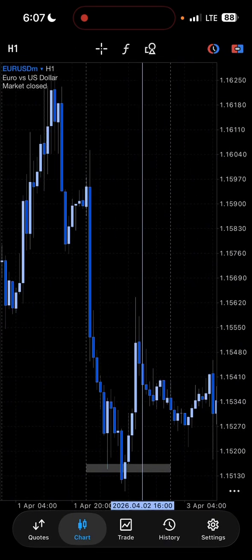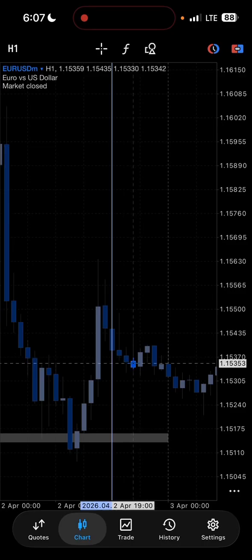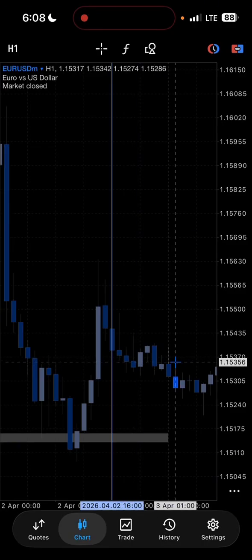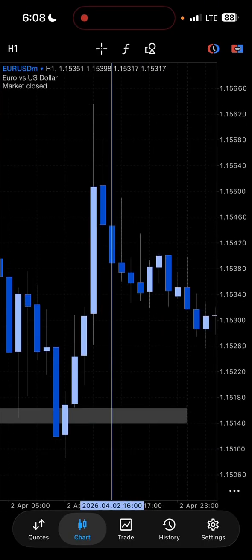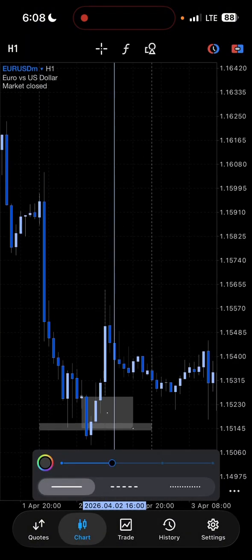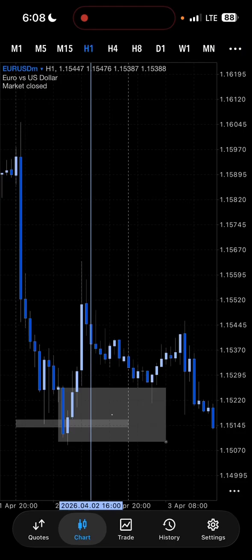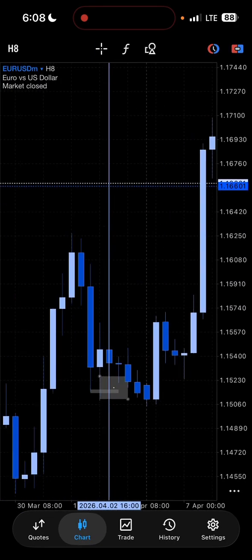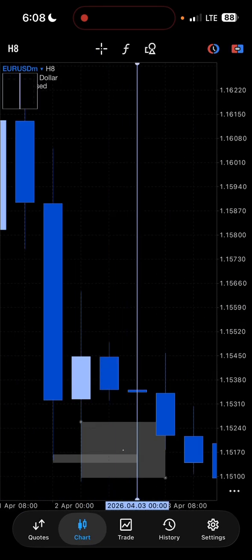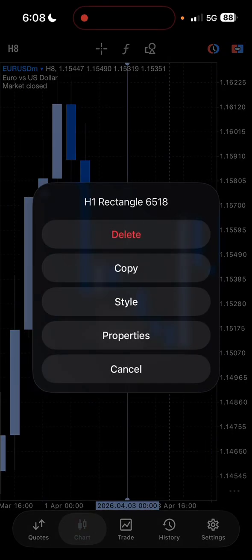The 8 hours actually gave us a good break of structure right here, and if we count the 8 hour candle before, it was a good break of structure there. And this next candle didn't tap that break of structure, our entry point. So that is an invalidated entry.